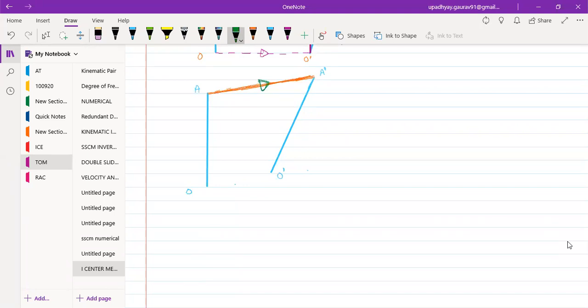Either it has moved in translation initially, then through rotation, or through rotation initially, then through translation. It will always be along this line. The direction of linear velocity will be in this direction only. Yes or not?